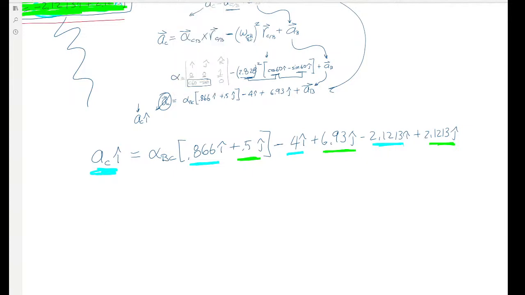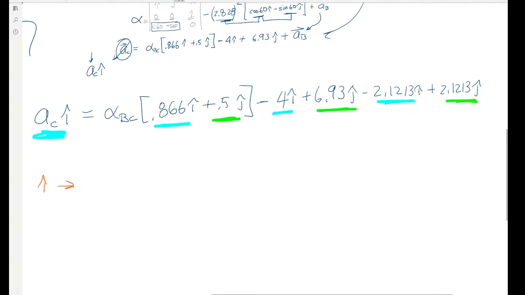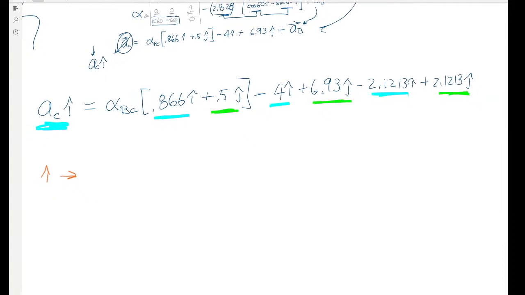So I'll start with my i equation. It's getting incredibly slow now. Maybe I can complete this out. My i equation, I have acceleration C equals 0.866 alpha BC i, which I don't have to put, minus 4 minus 2.1213.